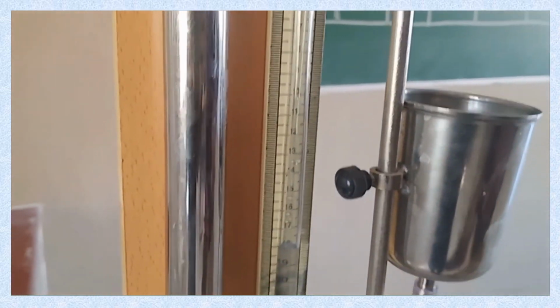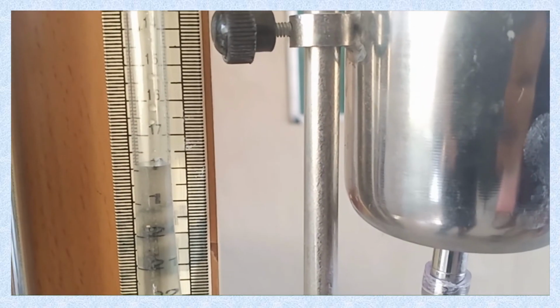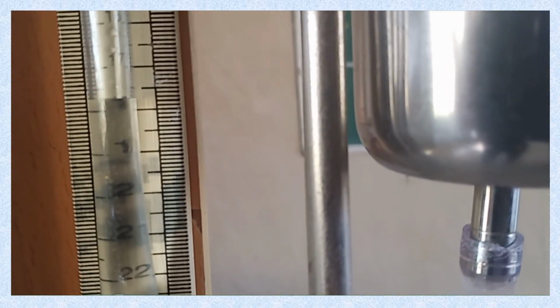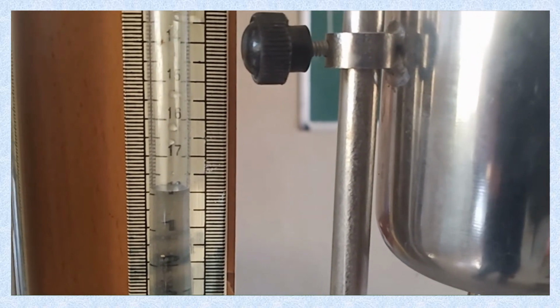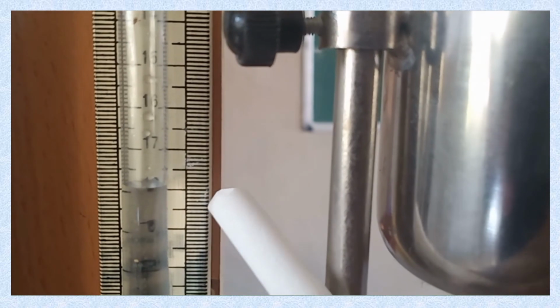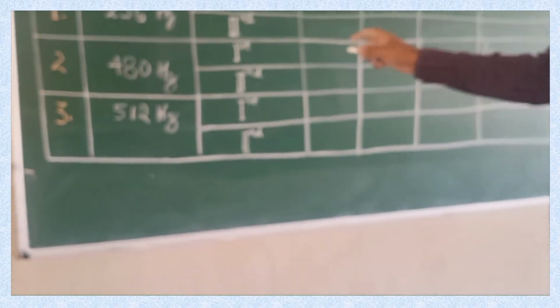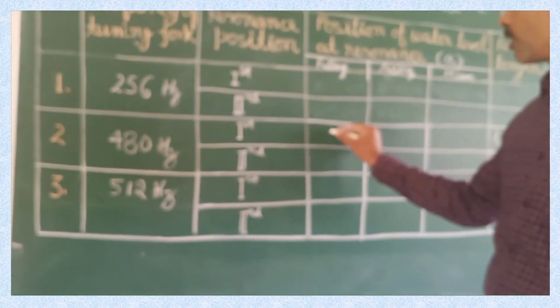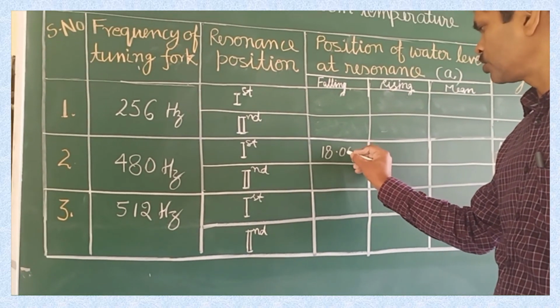So this is the resonant position. See here in the resonance tube, this is exactly 18 centimeter. Now write the first position when water is falling, 18.0 centimeter.